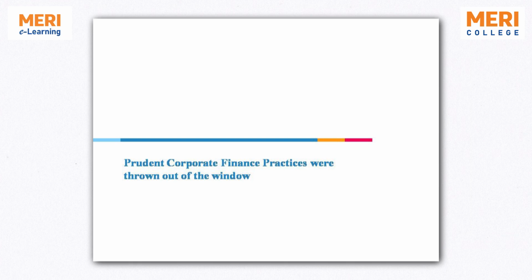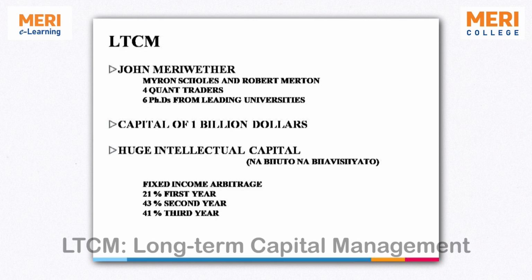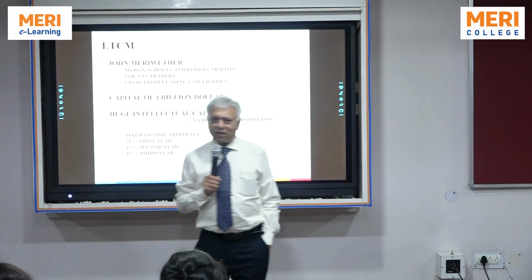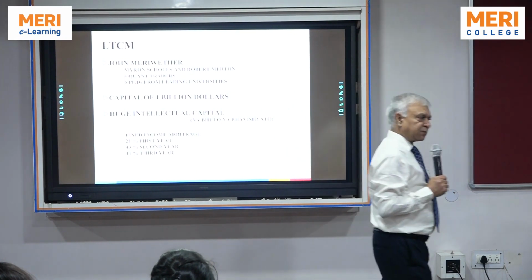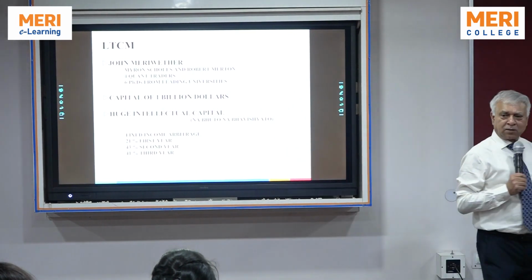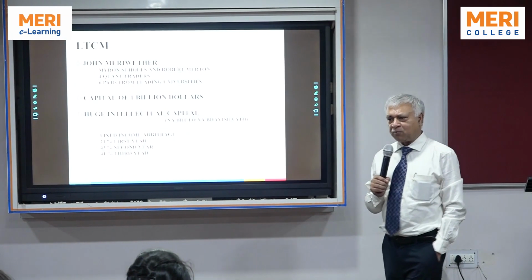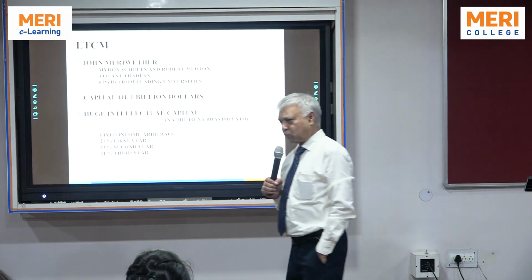Let's take case 1. We've all heard about LTCM. Long-Term Capital Management was a hedge fund, although not part of corporate finance. This hedge fund was exceptional. I call this na bhuto na bhavishyato, the best ever intellectual capital assembled under one roof.